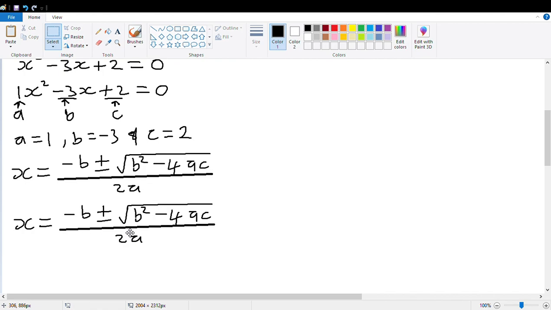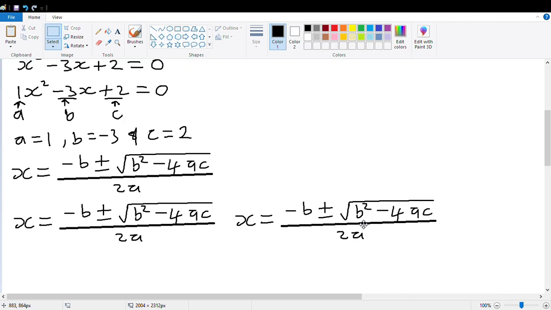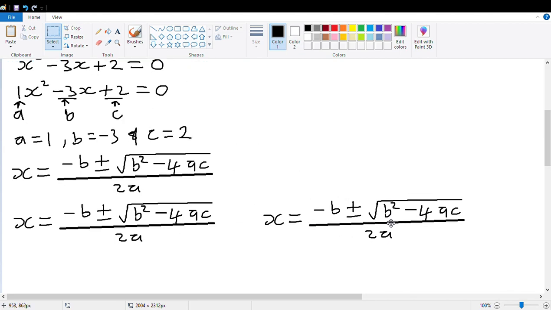This will be the first part, and another part there. Meaning you can start with a plus sign and end up with a negative sign. You see that? So this plus or minus simply means you can start with a plus and end with a minus, but no one is restricting you from starting with one sign over the other.